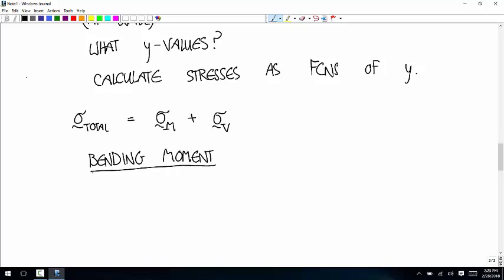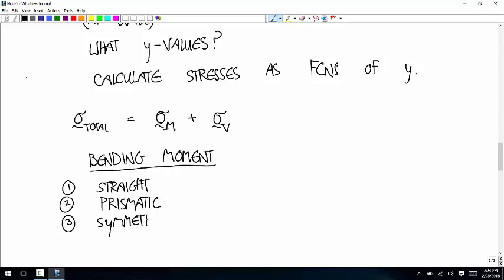What are the requirements for stresses in a beam due to bending? Good. So straight, prismatic, and symmetric about y.